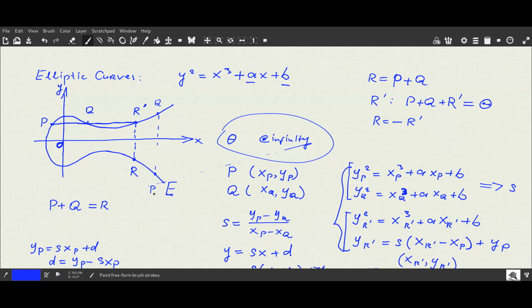Let me call it p1 and q1. And then the sum of such points is indeed, how do we denote the sum of such points? They're opposite to each other on the curve. 0. Theta. 0, yes, in our algebraic notation, but we can call it theta. In this case, we have p1 plus q1 equals theta.